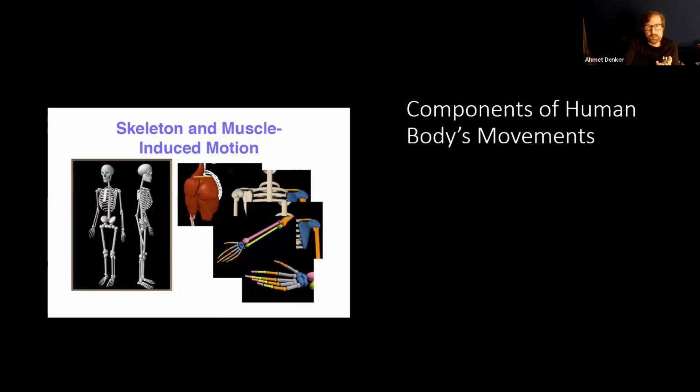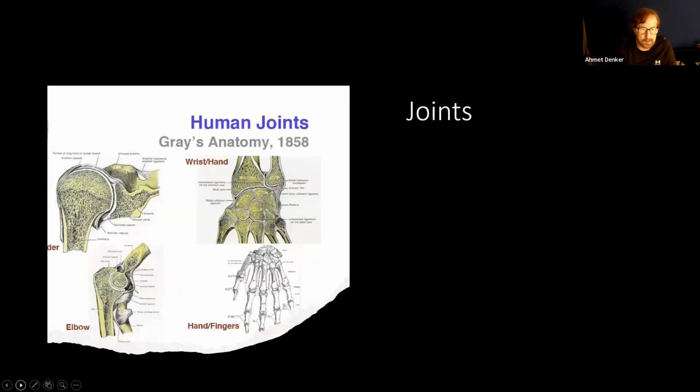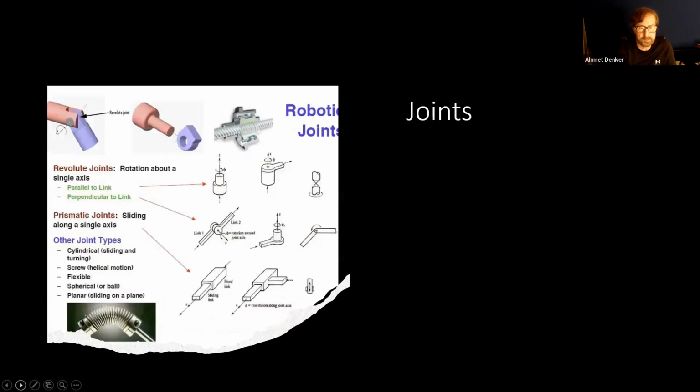Now, human body movement is a combination of many components. Likewise, we will see that robotics movement is going to be a combination of the components of robotic body movements. As we've said, like in the human body, we will also have joints, and a more varied number and variety of joints in robotic bodies.